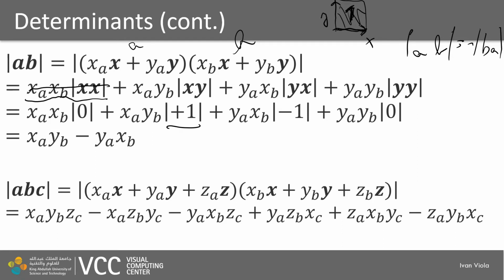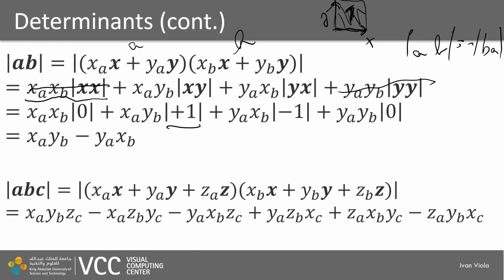So yx will be then minus 1. yy naturally, again, there is no area to be spanned, so this term will also be equal to 0. And we will end up with the term of our determinant: xa times yb minus ya times xb.